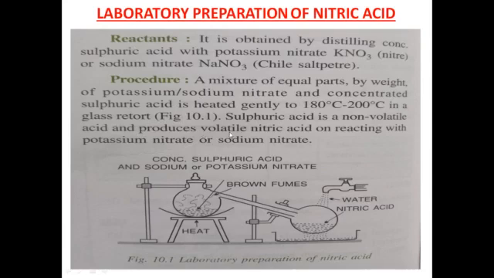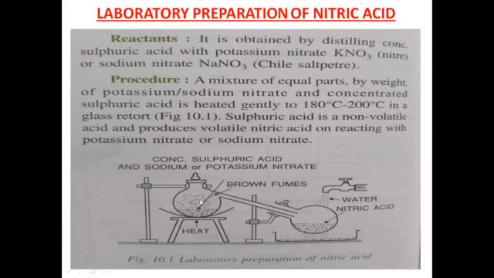For preparing hydrogen chloride gas, one of the reactants was also sulfuric acid, and for nitric acid as well we are using sulfuric acid. The simple reason is that sulfuric acid is a non-volatile acid and produces volatile nitric acid on reacting with potassium nitrate or sodium nitrate.